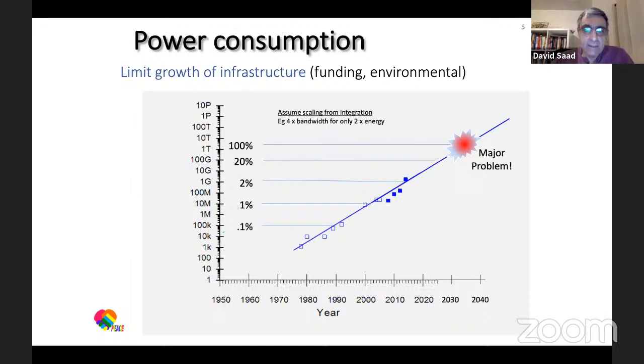So while in the 90s, it was 0.1%, and in 2000, it was about 1%, and in 2015 or something like that, it was close to 2%. Now we are close to the 5%. And if we continue with the same rate, by 2040 or so, we will devote all of our energy to running the internet. So obviously, one has to run the internet more efficiently and do whatever one can in order to improve that. So we are part of a consortium with Cambridge and University College London that is aiming at doing exactly that.